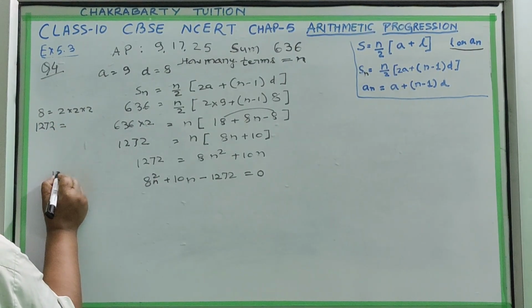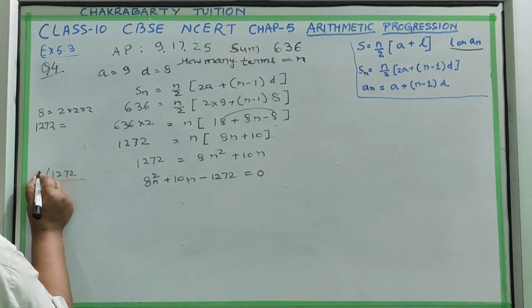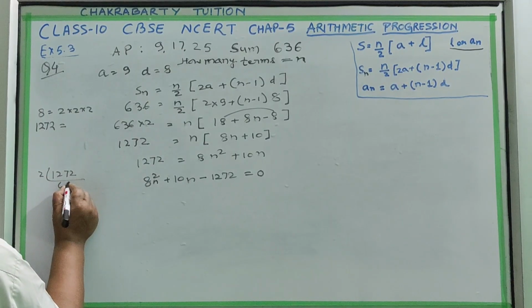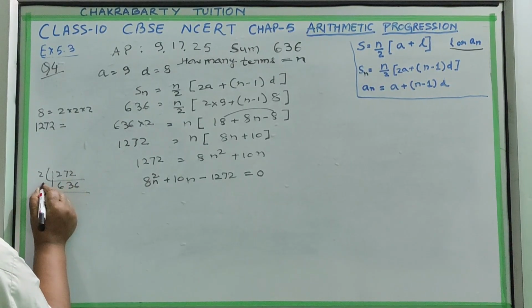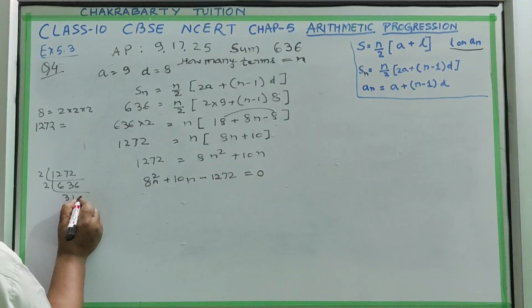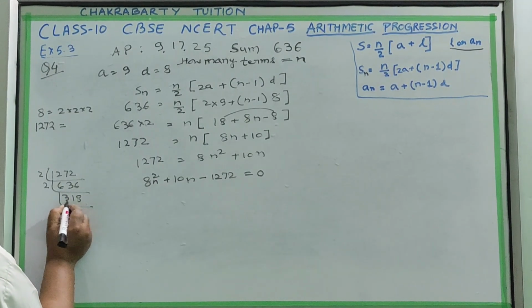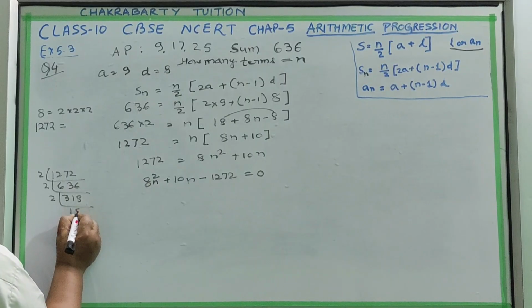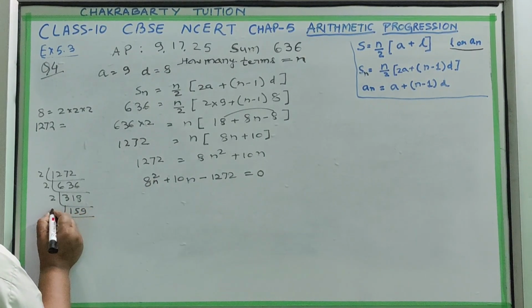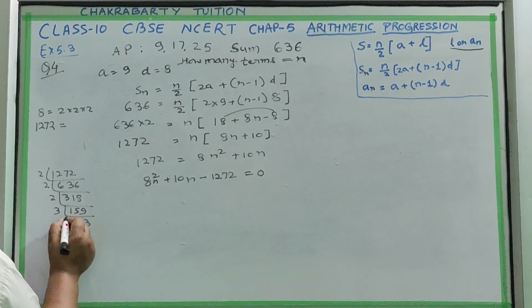So 1272 by 2 is 636, 636 by 2 is 318, 318 by 2 is 159, and 159 by 3 is 53. Now it will not cut further.